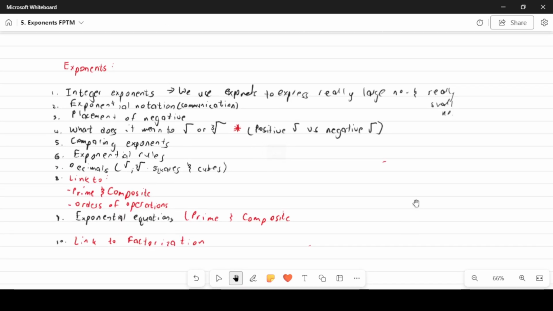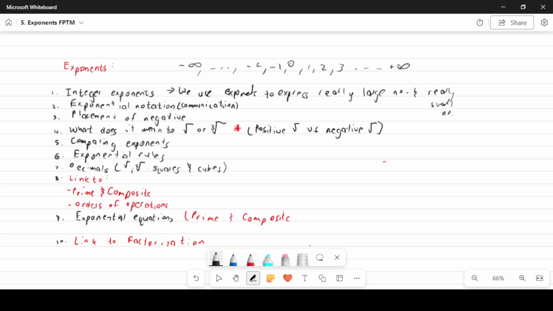Okay, so for the exponents module, this is exactly how we are going to go about discussing exponents. Firstly, we are going to deal with what we call integer exponents, right? So again, you can see the word integer coming from the number systems. It could be either one of these numbers, negative infinity, coming all the way up to -2, -1, 0, 1, 2, 3, and all the way up to positive infinity, right?